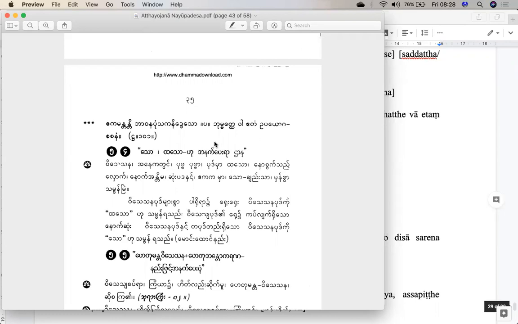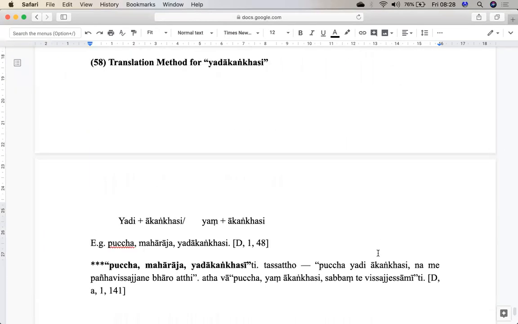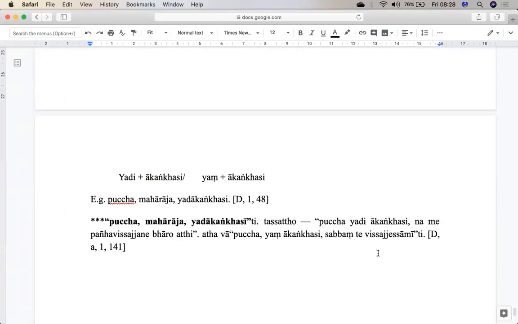For example, one example to understand that one.